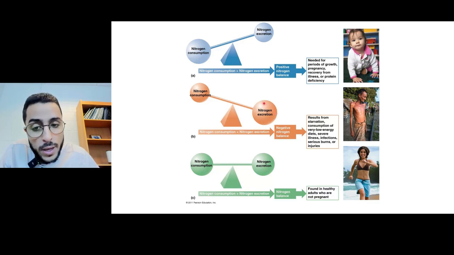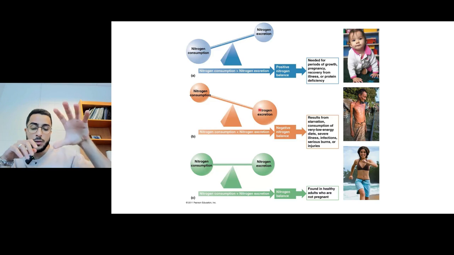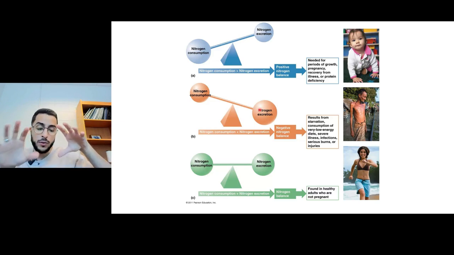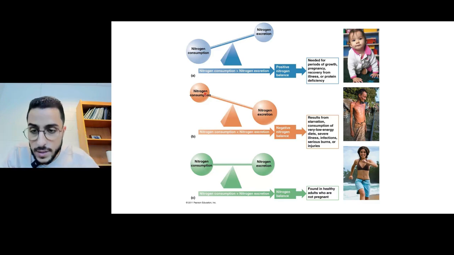Well, you're excreting the nitrogen that is broken down from your own proteins, because remember, the amino acid pool contains nitrogen from the food and from breaking down your cells. So if you have less intake and more excretion, that means it's coming from parts of your body, and so you're degrading your muscles. Okay, and this can lead obviously to very low energy, disease and whatnot.